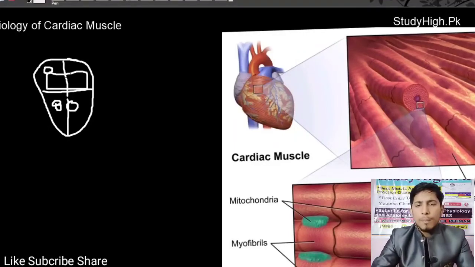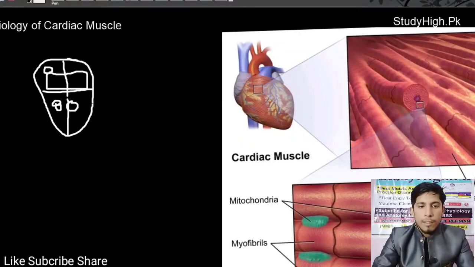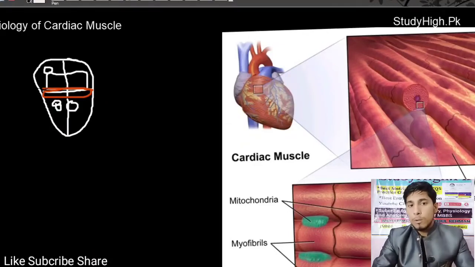And the atrial syncytium is separated from the ventricular syncytium through a fibrous tissue. Why does this separation occur? Like this is the atrial syncytium, it is separated from the ventricular syncytium through a fibrous tissue.